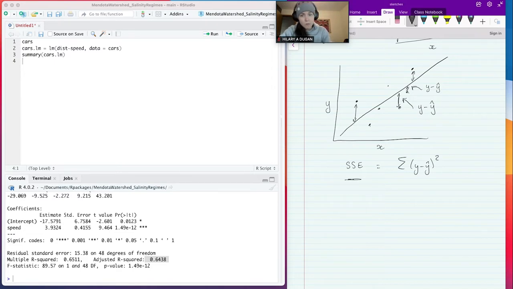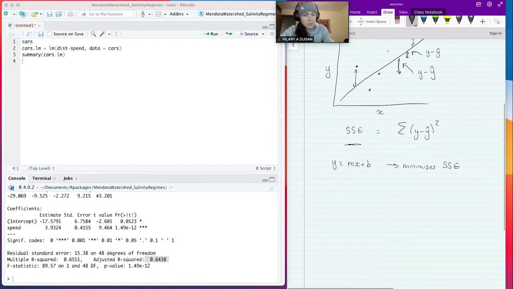And so given a collection of data, there is going to be some line, some y equals mx plus b, that minimizes this sum of squared errors.